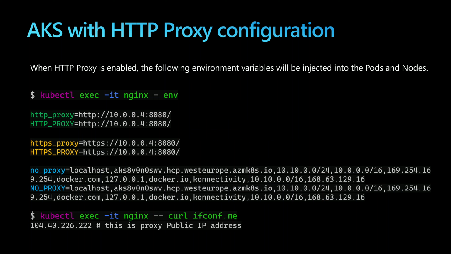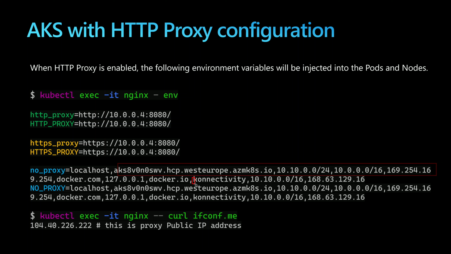Once that configuration is applied, now if we run an nginx pod, for example, from there we can see some environment variables that were injected that contain the values from the JSON file. So we see here the HTTP proxy private IP address, the list that we have put in the no proxy, and note here there are also some additional values that were injected by the platform itself, by AKS itself.